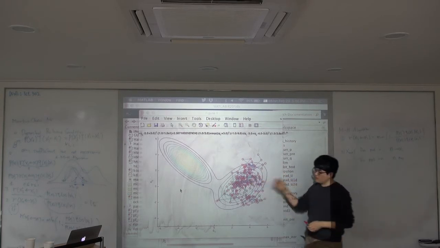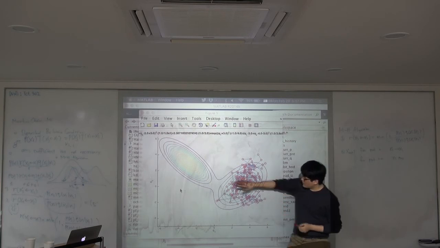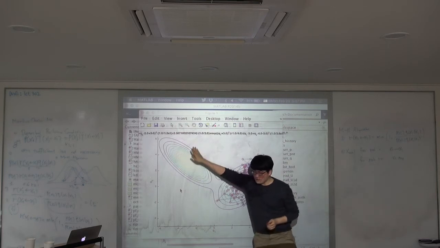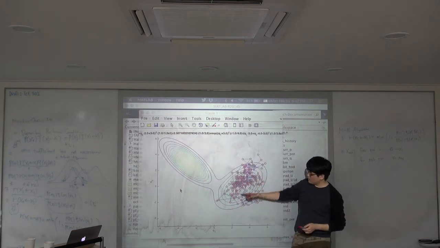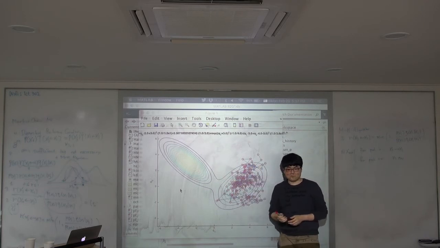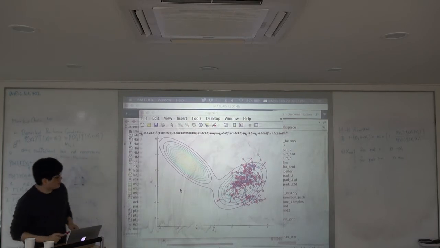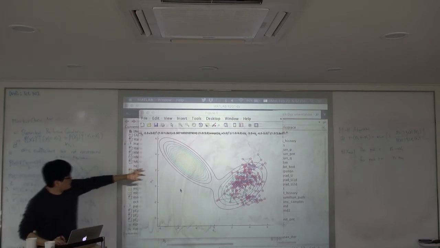As you can see, it doesn't have a very good performance, because there is a whole other high-density area, but it failed to go from here to there. So it failed. But if you try multiple times, in some trial you will get here.